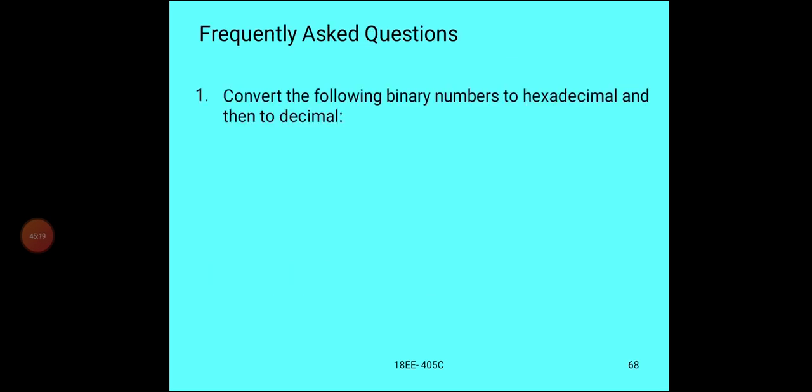Convert the following binary numbers into hexadecimal and then into decimal: A 110.11100.101010, B 01010011.010101, C 10110011.